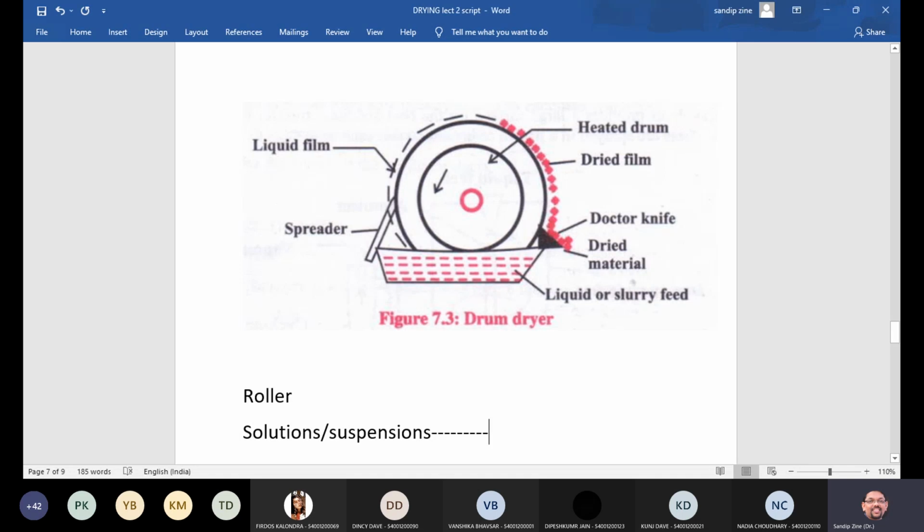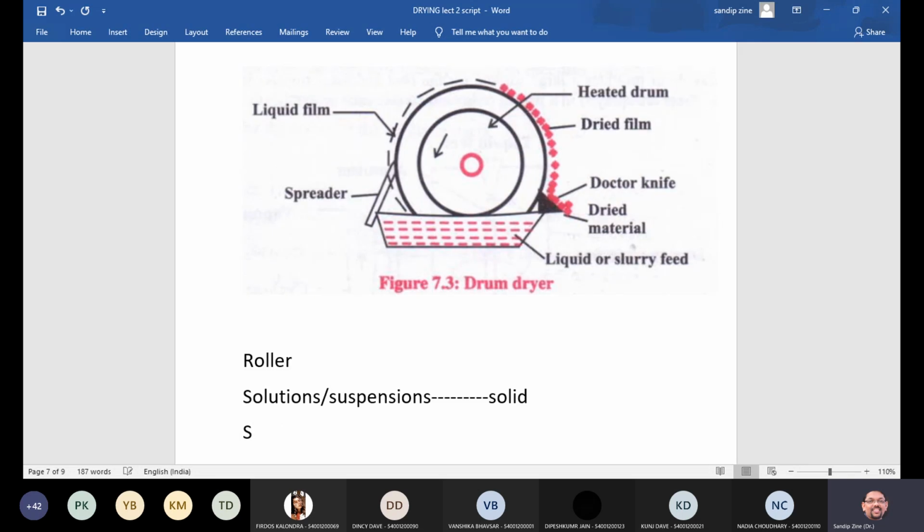It means these solutions or suspensions we can easily convert into the solid part, and the main purpose is to spread the liquid over a large surface area so that drying can occur rapidly. And obviously you know the role of surface area. This is not any new concept for you.